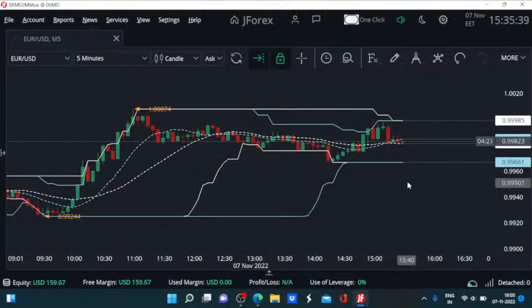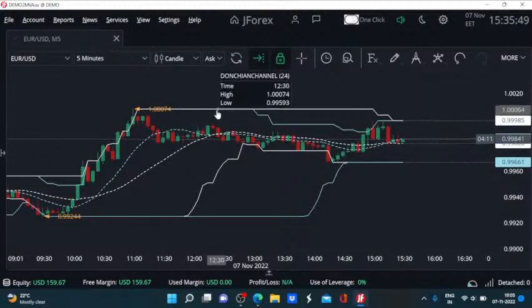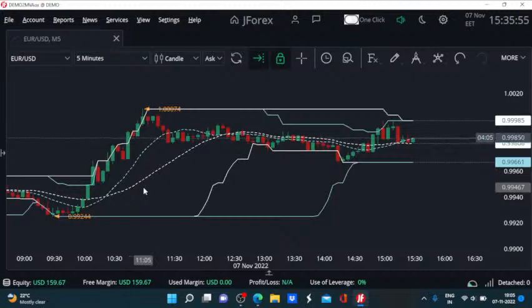And I think as long as this immediate low holds at around 0.9966, we can still take the bait for a further move on the upside, and we might even see today's high, the prior high, being taken out in the coming hours.